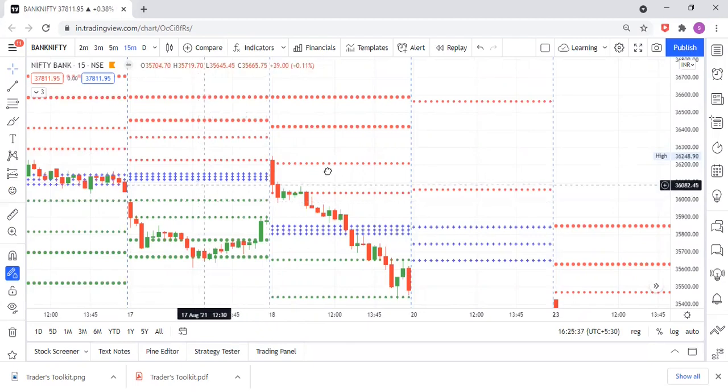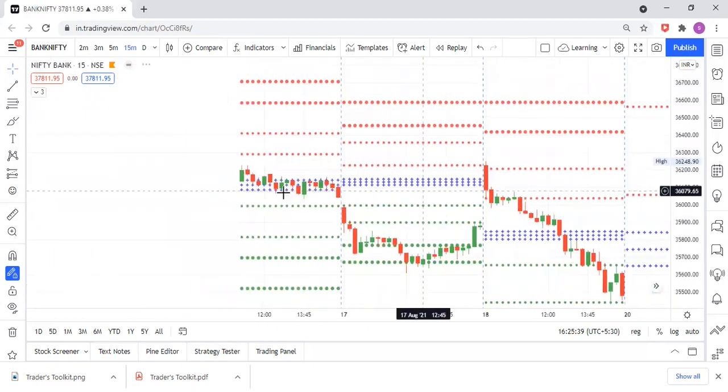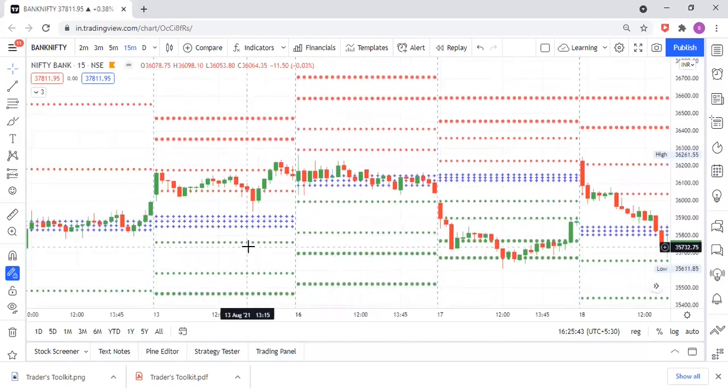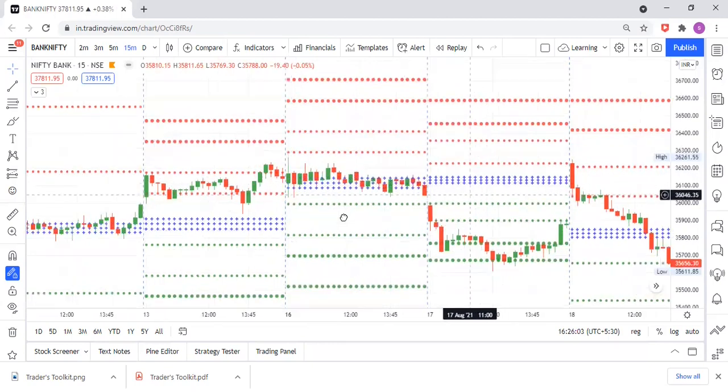The usual consensus is this. Any CPR tricks or books that talk about CPR say that if the CPR is narrow, meaning these three lines are so close to each other, that is considered a narrow CPR.